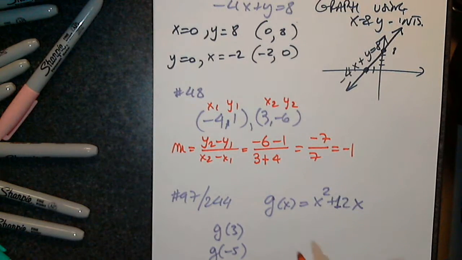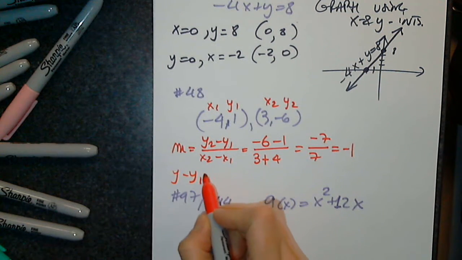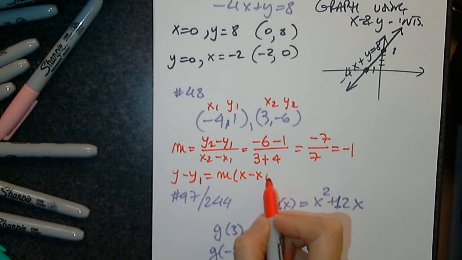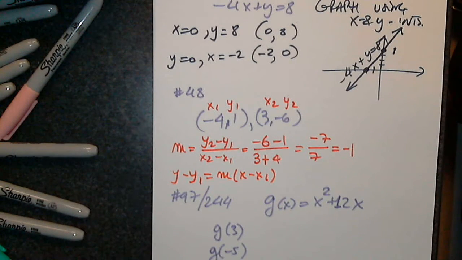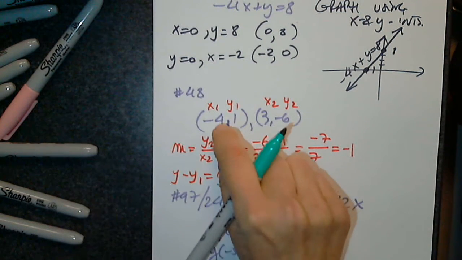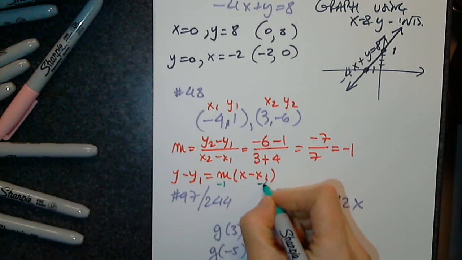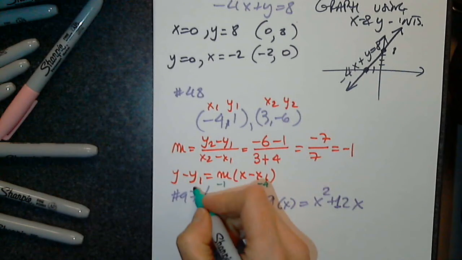Yep. Okay, so then I have y minus y1 equals the slope times x minus x1, where the slope is negative 1. I'm going to use this point. I put negative 4 under x1 and I put 1 under y1.